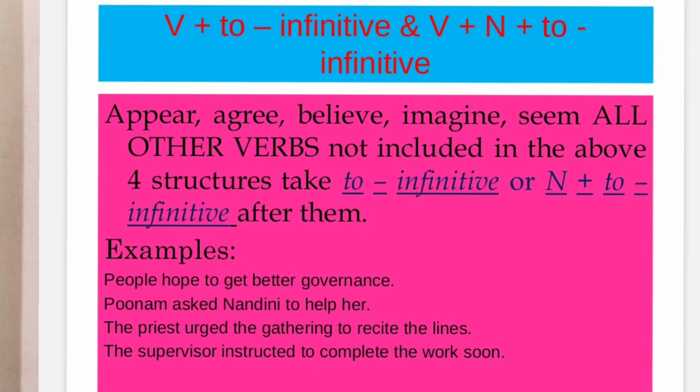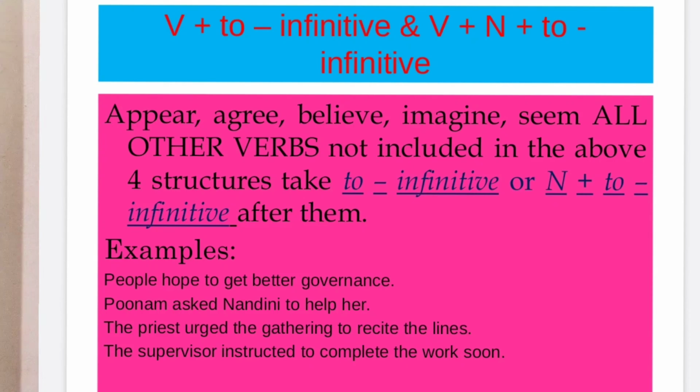Verbs like appear, agree, believe, imagine, seem, etc. All other verbs in the list, those not included in the above four structures, take to infinitive immediately or after a noun.